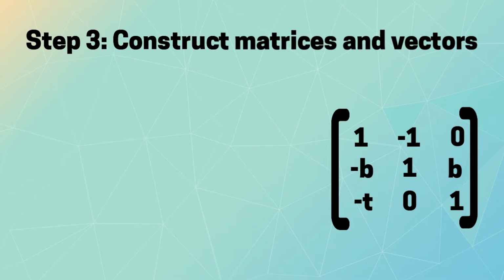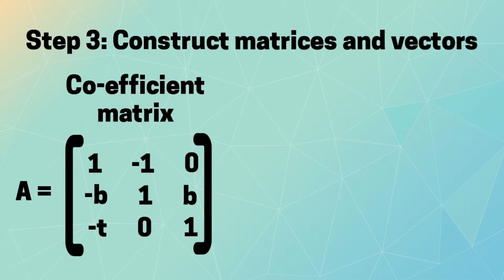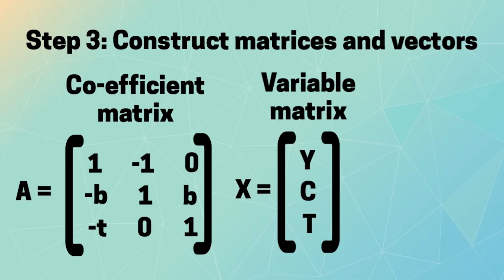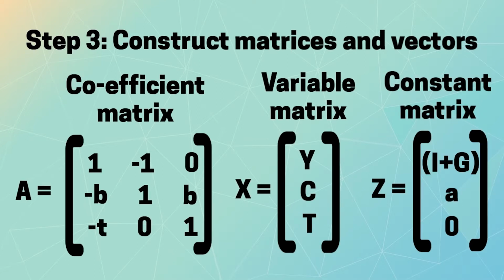Similarly, vector of variables may be constructed as X is equal to Y, C, T, and vector of constants may be written as Z is equal to I plus G, A, 0.